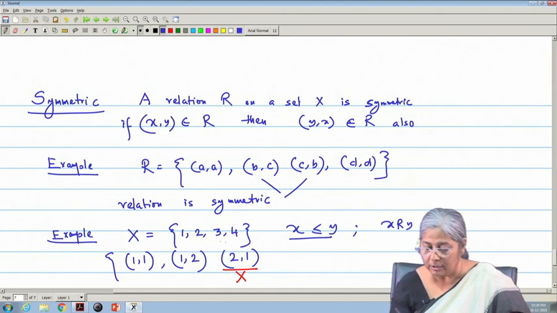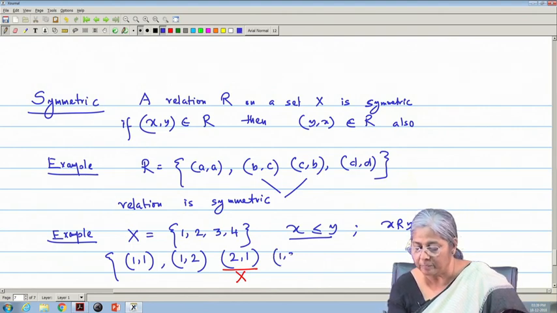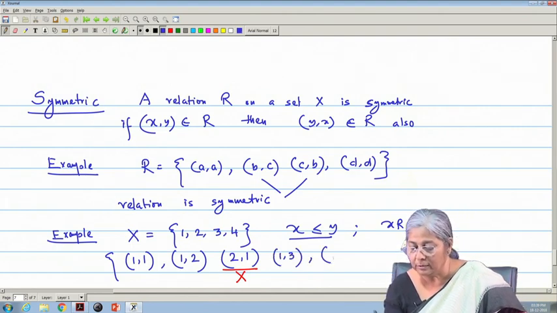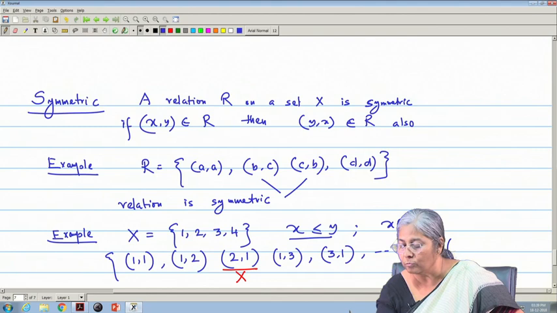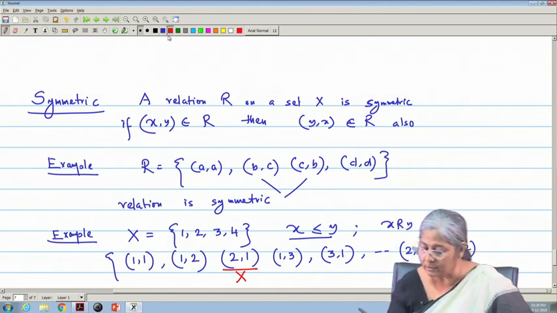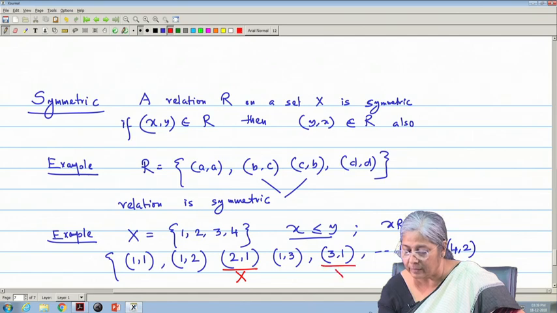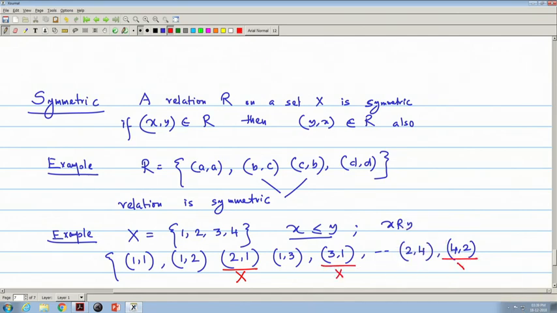Similarly, if (1, 3) is there, (3, 1) cannot be here, or if (2, 4) is there, (4, 2) cannot be there. So, these are the pairs that will never come in this relation.